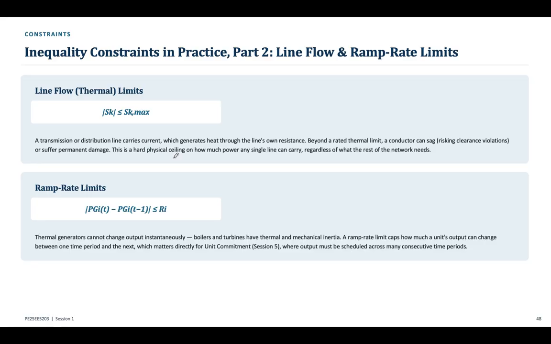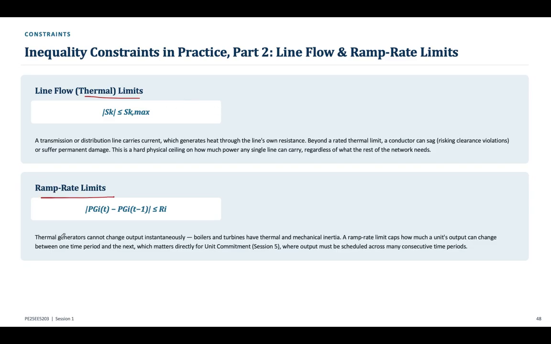This is a hard physical ceiling on how much power a single line can carry, regardless of what the rest of the network needs. So this is the thermal limit, okay, and then you have a ramp rate limit.